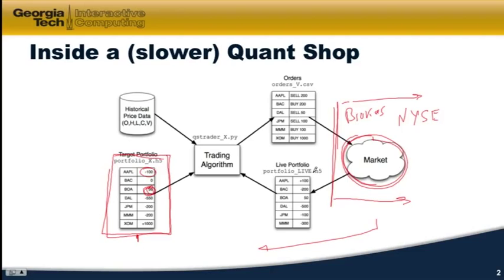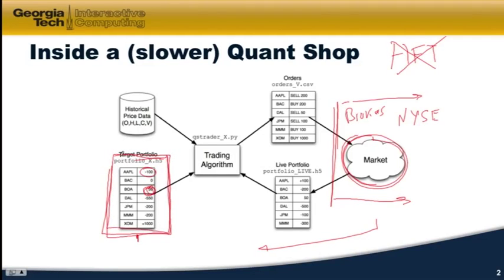Now, for the purpose of this video, we're not doing high-frequency trading anymore. High-frequency trading is great. I know people who make lots of money doing it. But we're going to be talking about not trading on milliseconds, but trading over seconds and days. Okay. Again, let's assume we have this target portfolio.